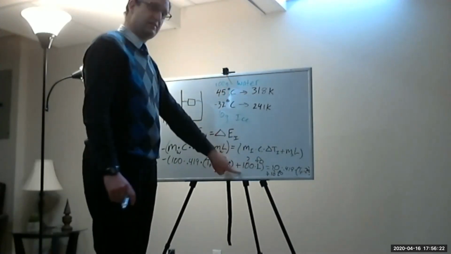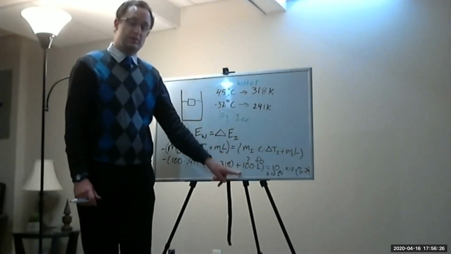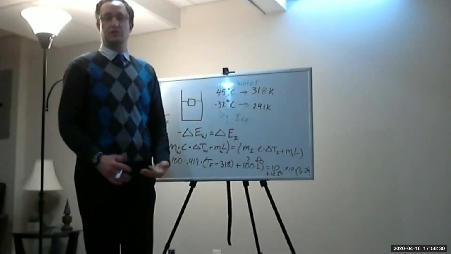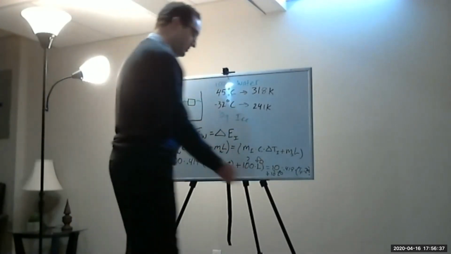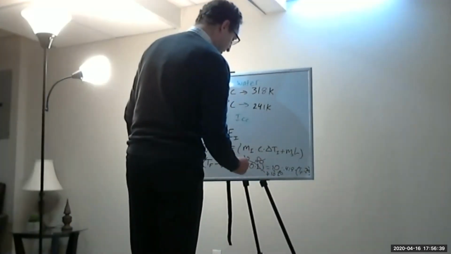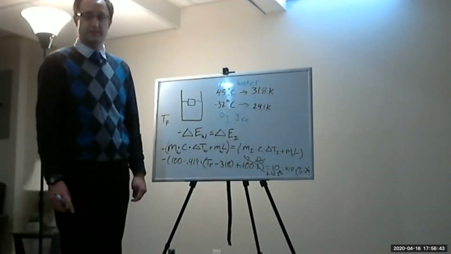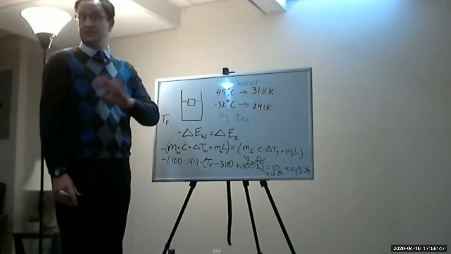I'm just going to drop this term because in order to basically solve what's going to happen between the two of them, I would need another equation, and I'm not going to throw something that complex at you on the quiz, okay? So I'm just going to drop this term altogether because I know that the ice is going to melt. Make sense? The water is not going to freeze.